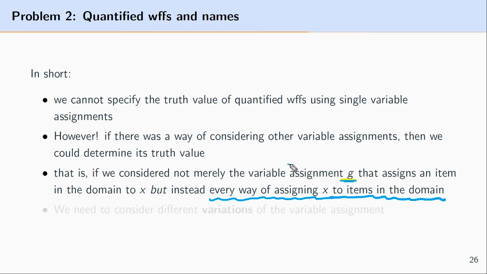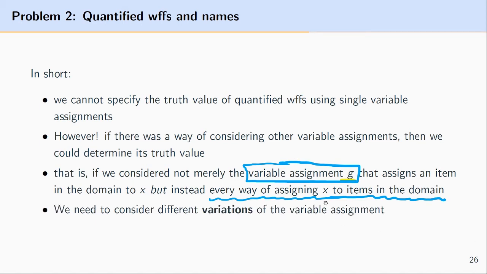That is, taking the variable assignment and changing it in some way, so that we consider the variations of this variable assignment, multiple variable assignments relative to this initial variable assignment.